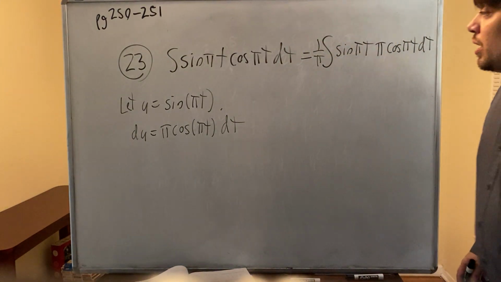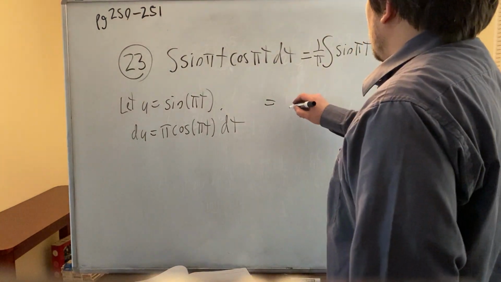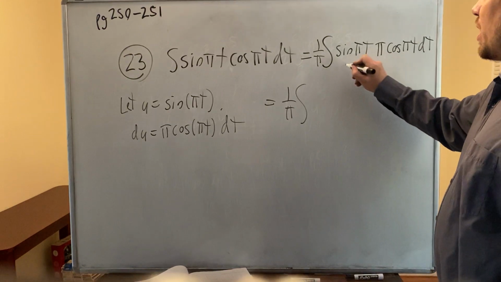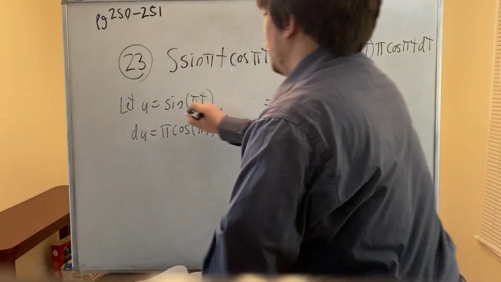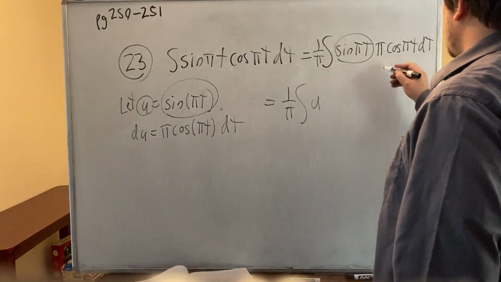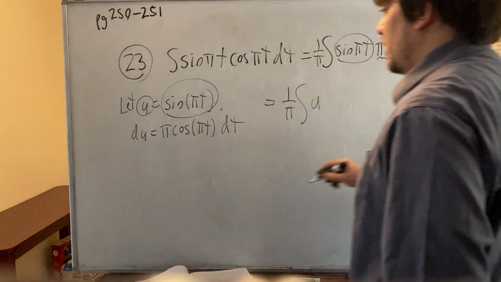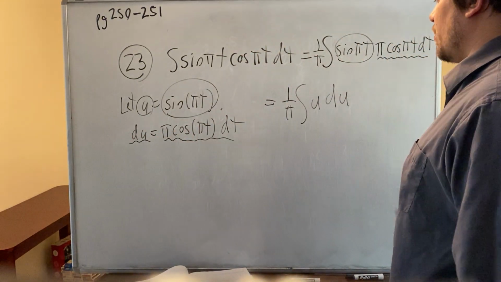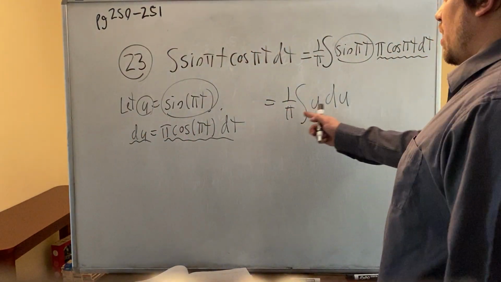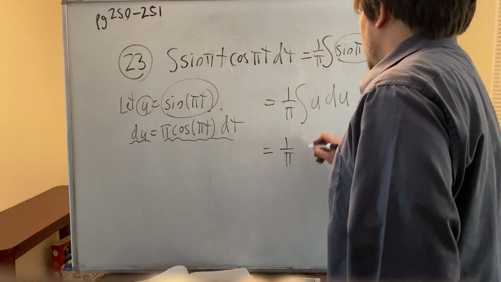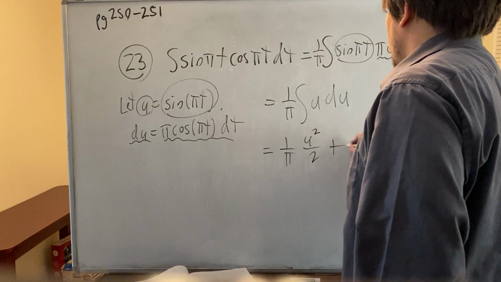Okay, and so now this is equal to 1 over pi, the integral of, well, sine of pi t is u, so there's u. And pi cosine pi t dt is du. And so that's u du. So this is 1 over pi integral of u du, which is 1 over pi times u squared over 2 plus c.